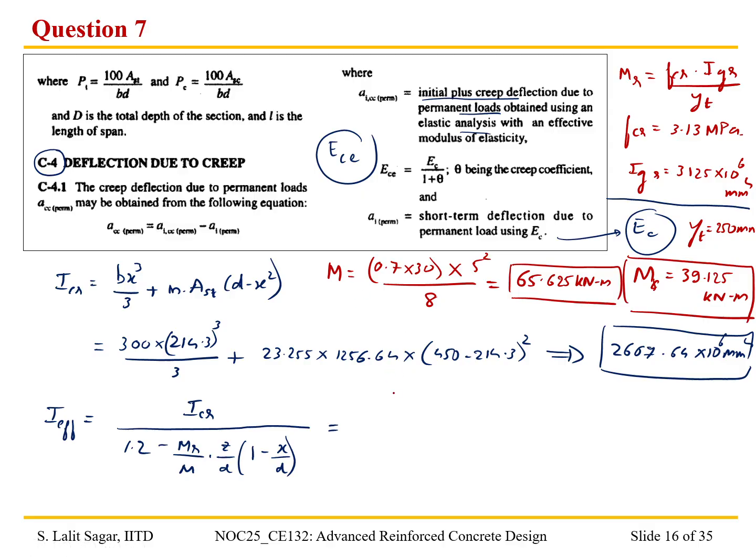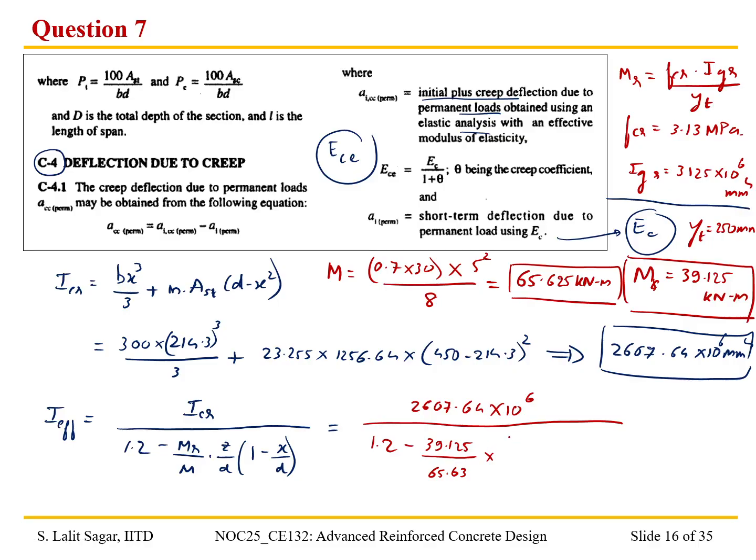So ICR is 2607 into 10 to the power 6 divided by 1.2 minus MR is 39.125, right? 39.125 divided by 65.63 into Z is 378.57.